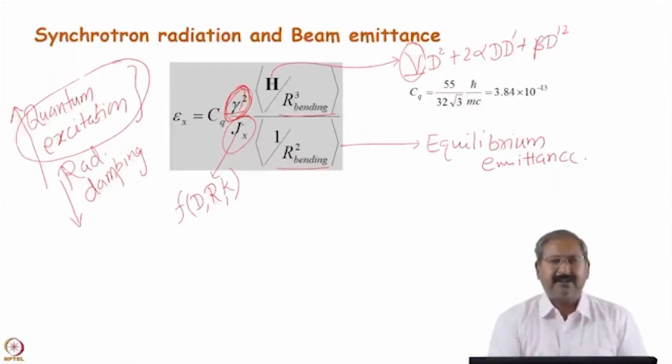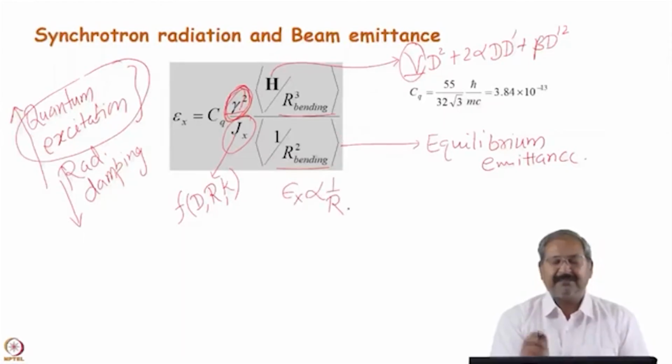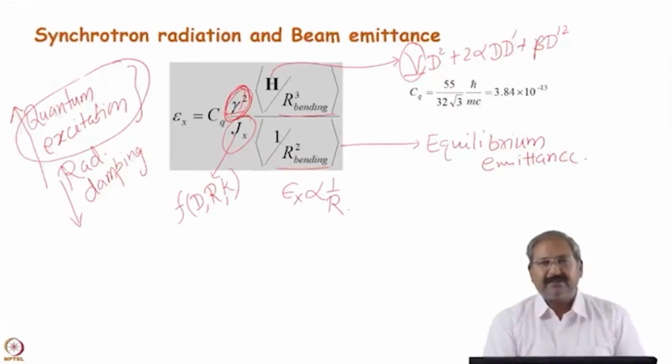R will be outside of this average bracket and there will be 1 by R. Finally, emittance x in that case will be proportional to 1 by R. Means if you are making R larger, means smaller bending per magnet, then you will get a smaller beam emittance.